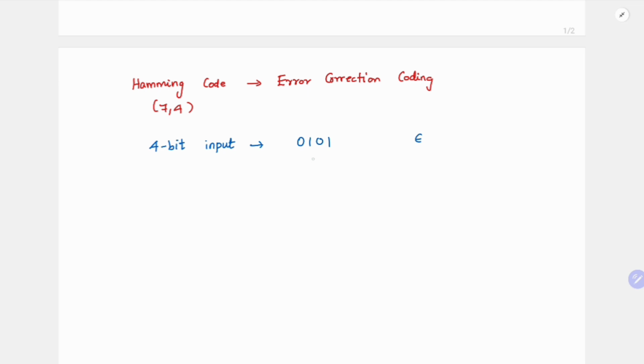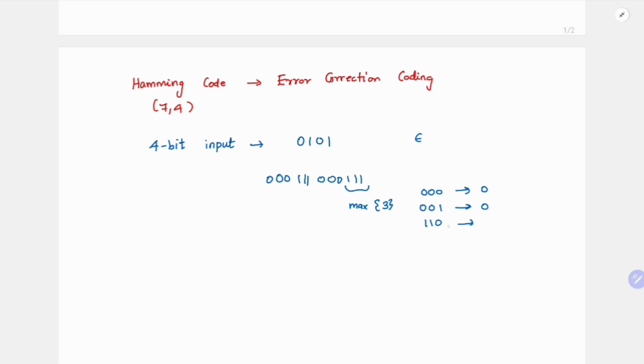Now what I'll do, let's say for each of these I send it twice, or let's say I send it thrice. And on the receiver side, I take the majority of the 3. So if all 3 are 0, I'll take it as 0. If 2 are 0 and 1 is 1, I'll take it as 0.